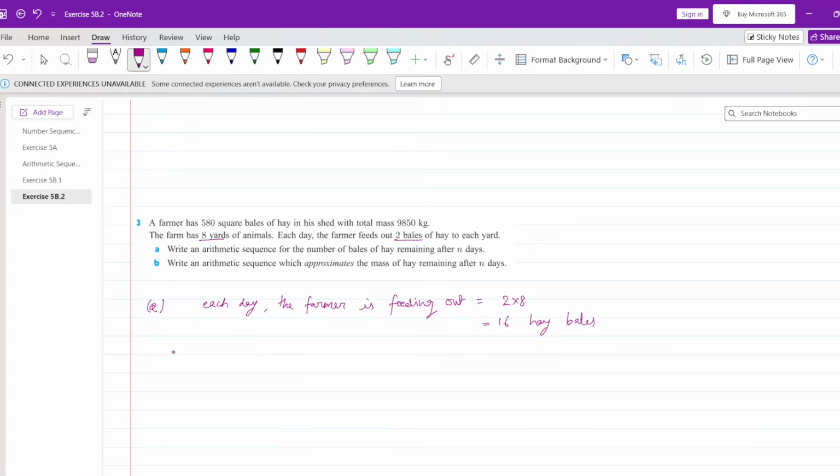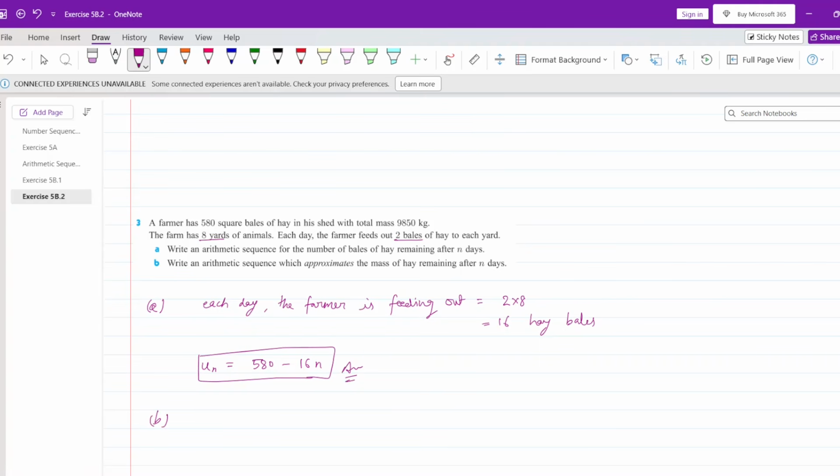So can we say after each day there is going to be 16 fewer hay bales from 580? So after n days we can say un is going to be 580 minus 16n. This is the answer.